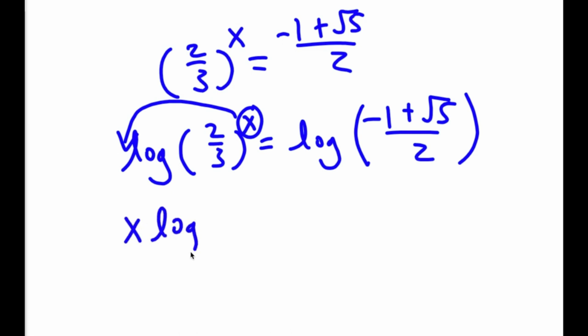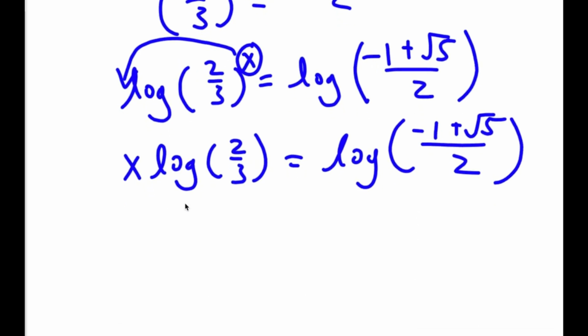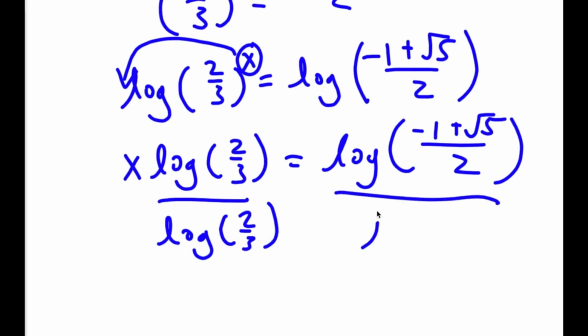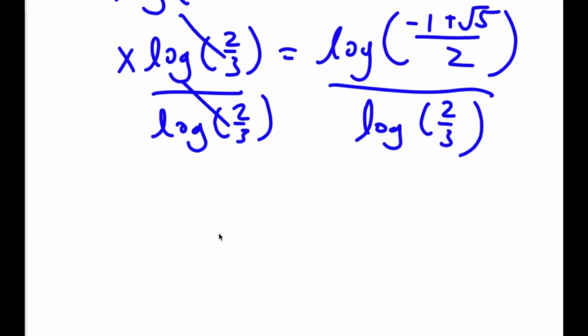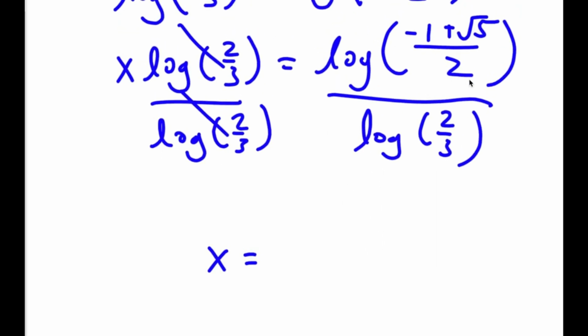So now I have x times log 2 over 3 is equal to log negative 1 plus the square root of 5 over 2. Now I can divide both sides by log 2 over 3. So then these two cancel out, and I would have x is equal to log negative 1 plus square root of 5 over 2 over log 2 over 3, which is equal to approximately 0.87.